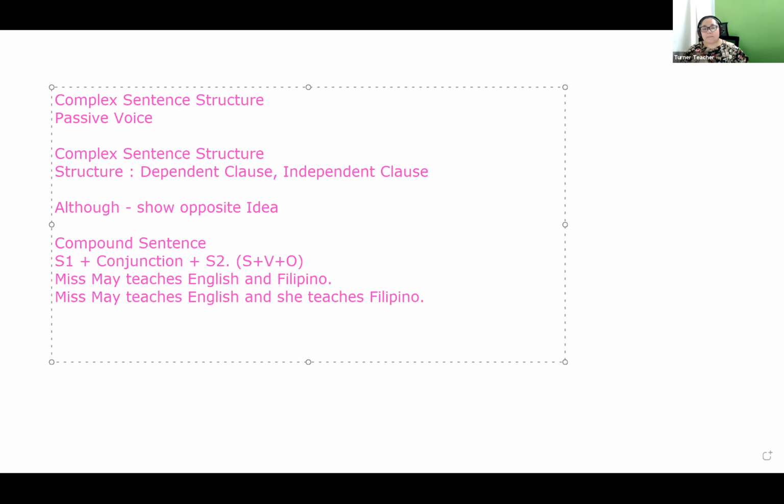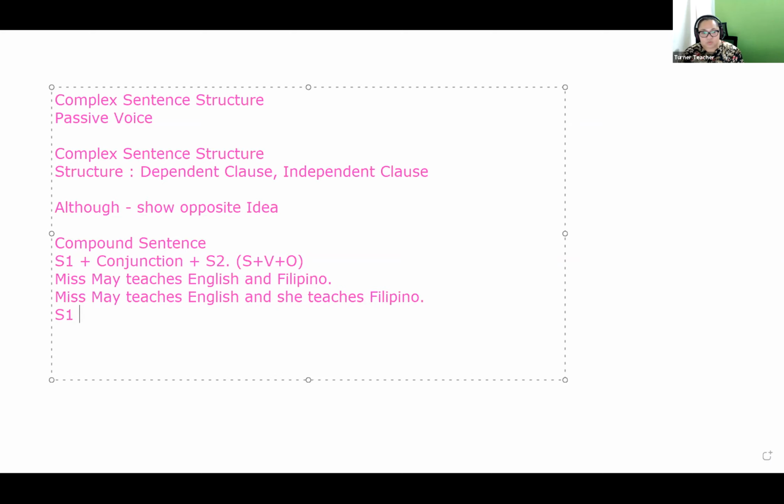Now, is it a compound sentence or not? Compound. Is this subject, verb, object? Yes.